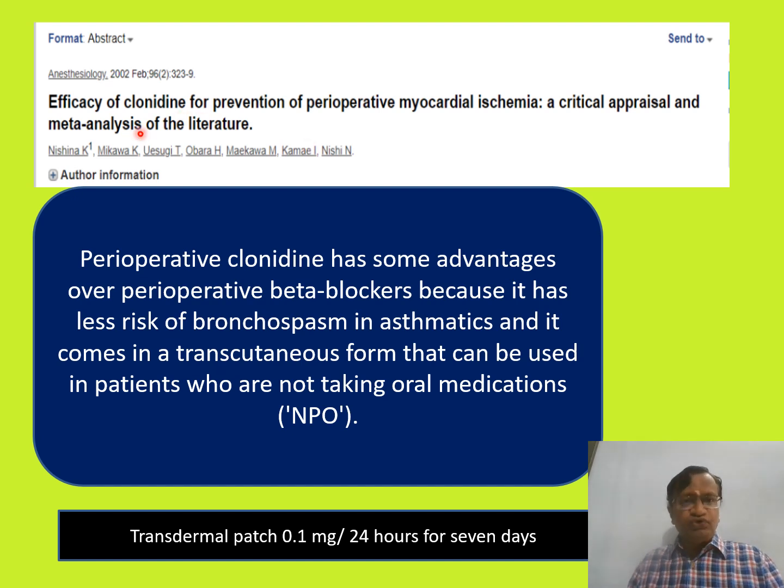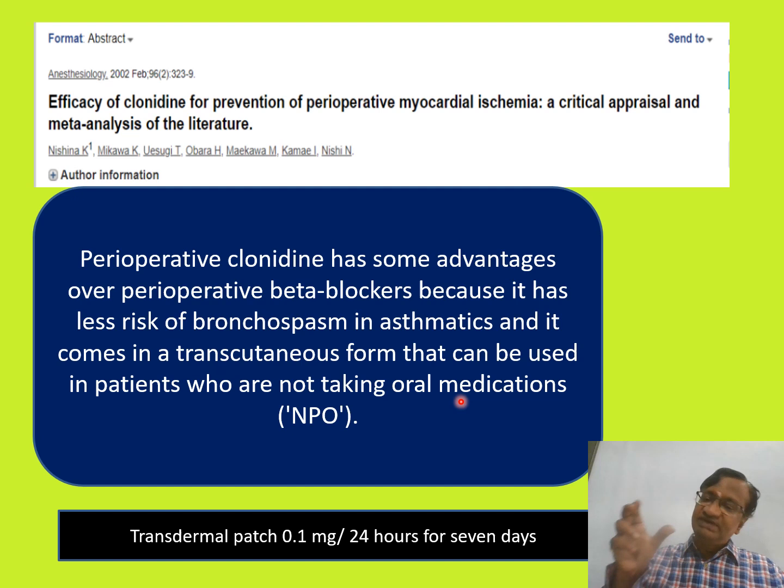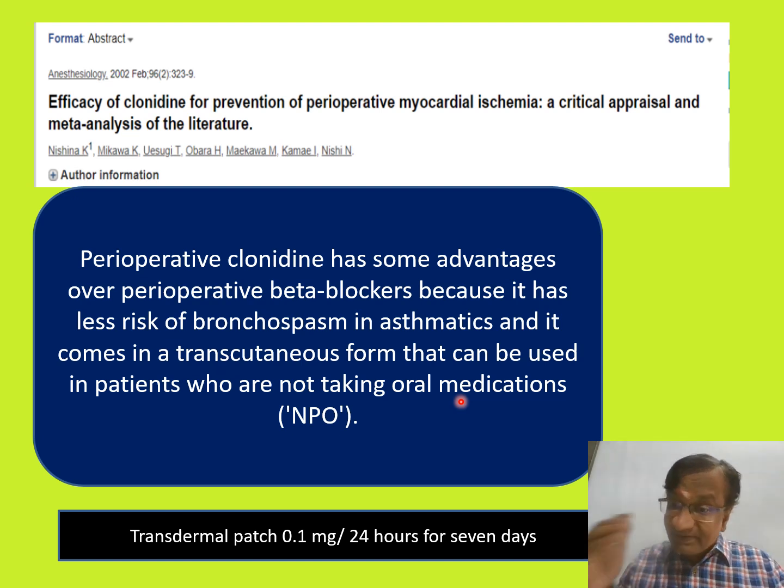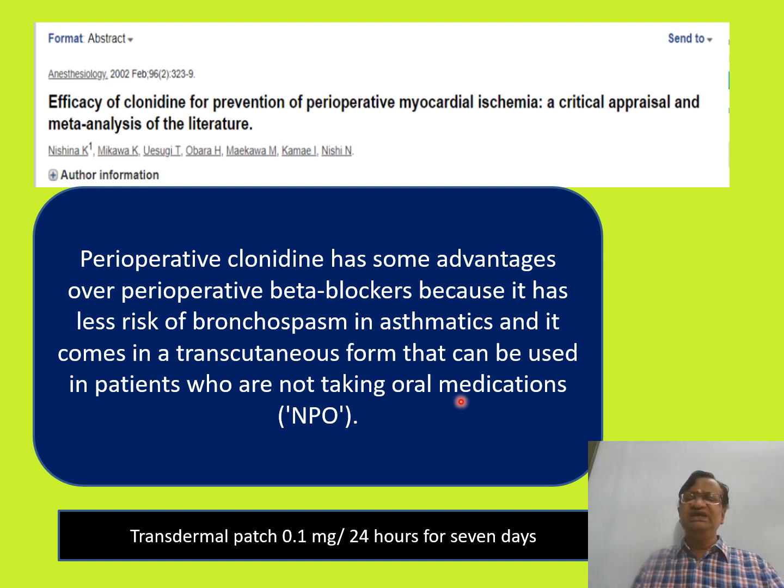Now, efficacy of clonidine for prevention of ischemia. For example, if you want ischemia or the intubation response to be decreased, but this patient has some bronchospasm or reactive airways where you don't want beta blockers, which are otherwise preferable for reduction of ischemia, in this case we can try clonidine. A transdermal patch of 0.1 milligram for 24 hours may be used for 7 days.